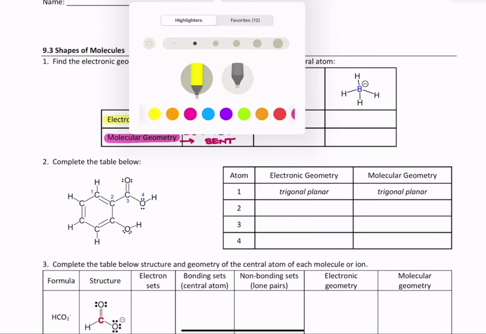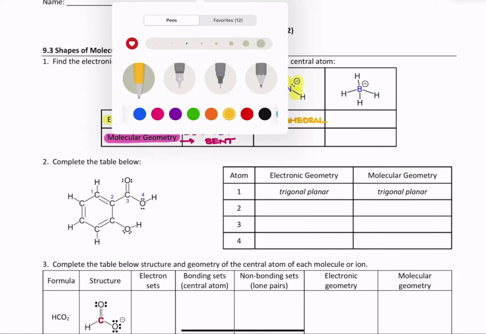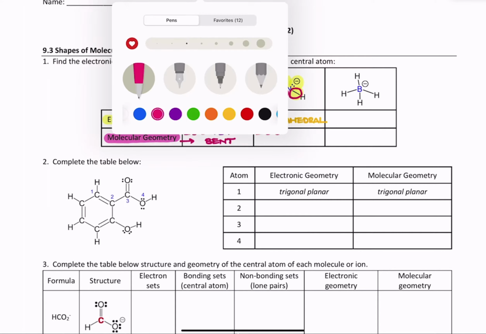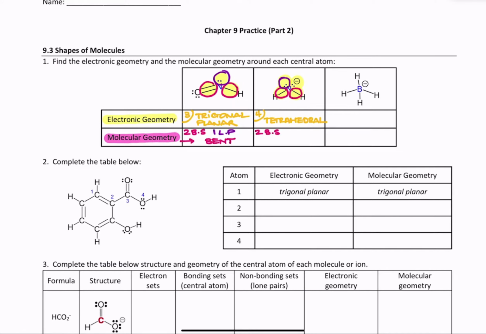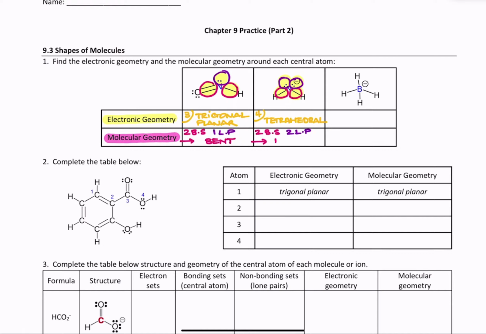Second molecule, let's count again. 1, 2, 3, 4 sets. 4 electron sets give me a tetrahedral electronic geometry. Out of these 4 sets, 2 are bonding sets and 2 are lone pairs. Therefore, I get a bent molecular geometry.